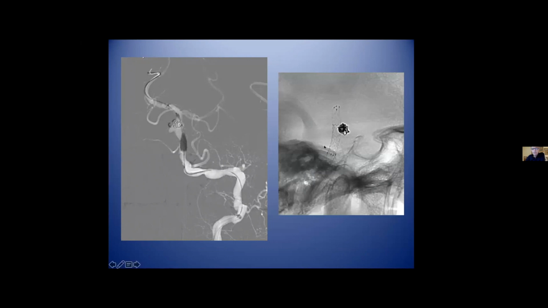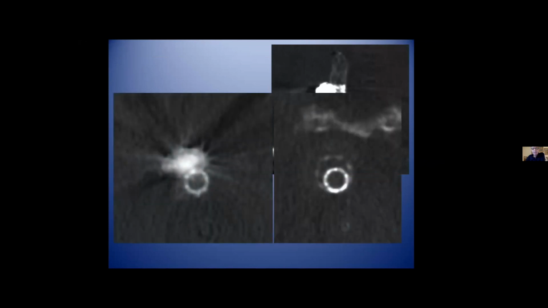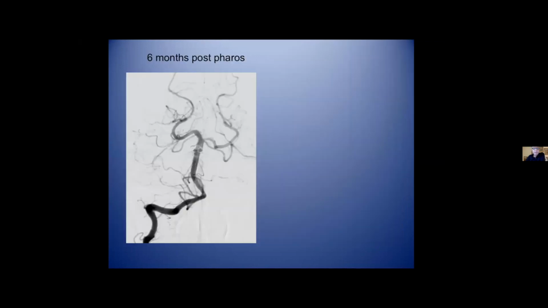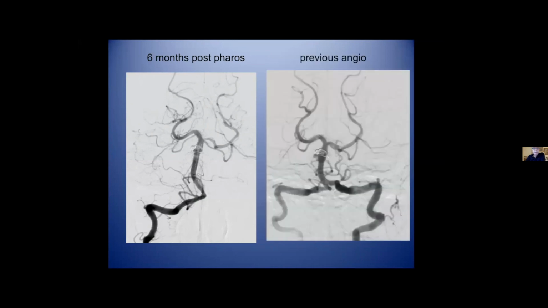You see in the lateral view the balloon expandable stent, and this is the old stent. This is the reconstruction angio, axial view. It is a control with Pharos. This is the previous angio, and this is the final control.